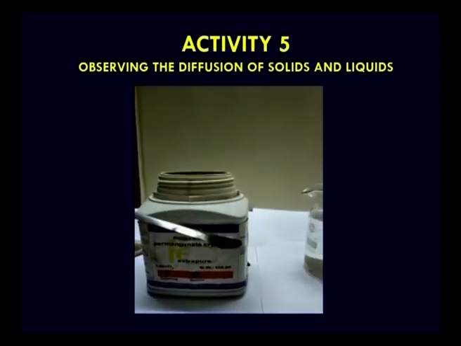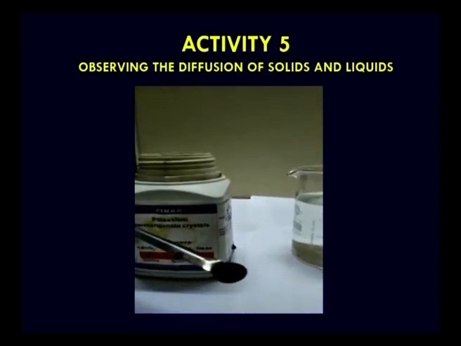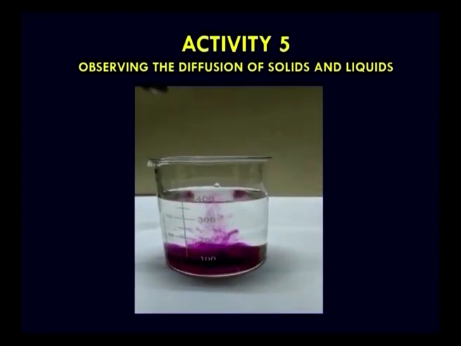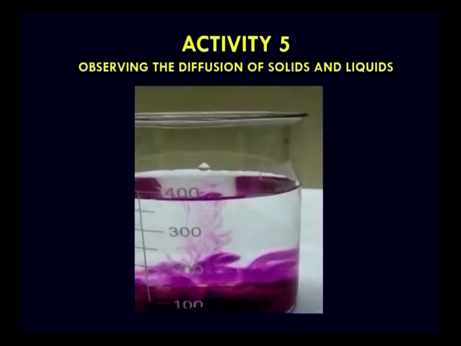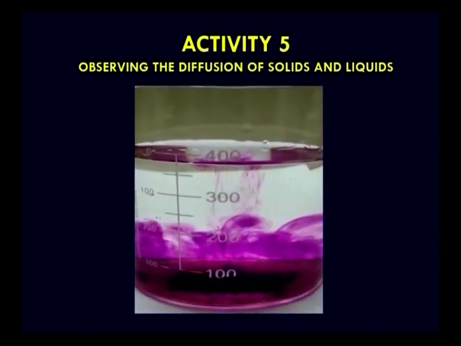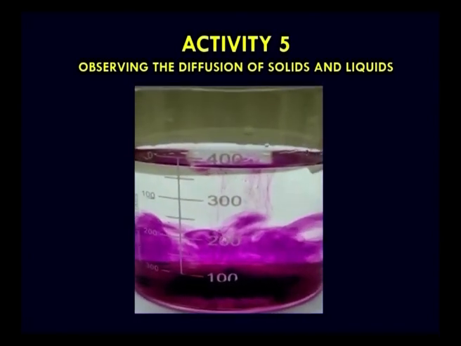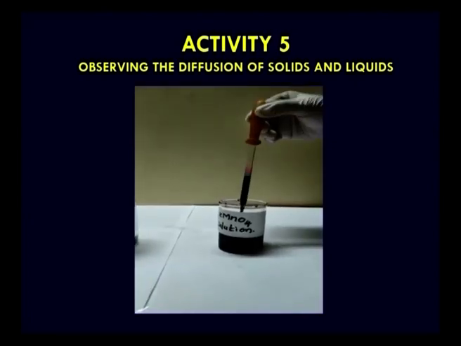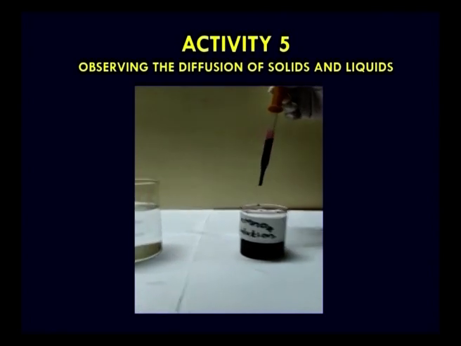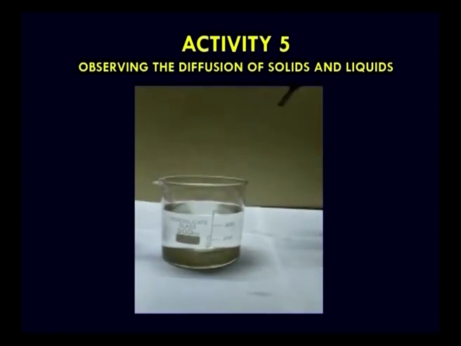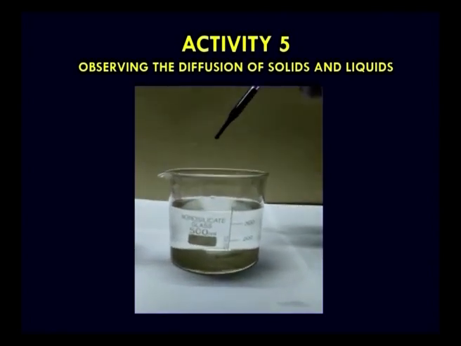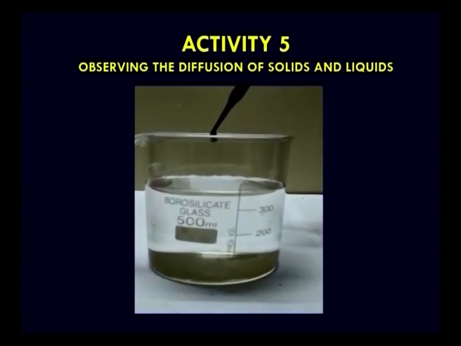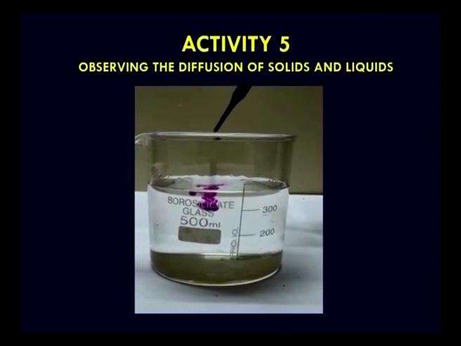With the help of a spatula, add a very small amount of potassium permanganate crystals to the first beaker and observe the changes. Take KMnO4 solution with the help of a dropper. Add 1 or 2 drops into the second beaker and observe the changes.